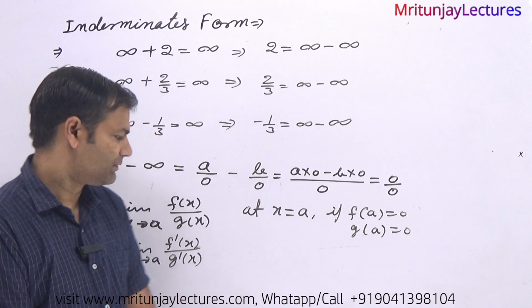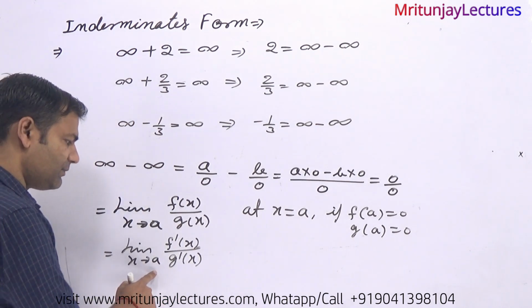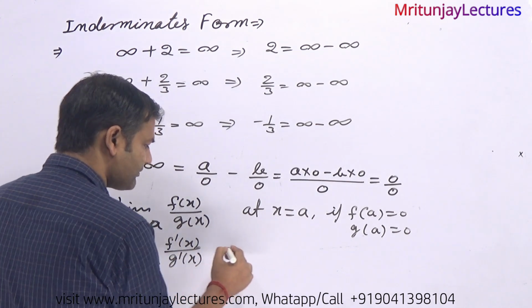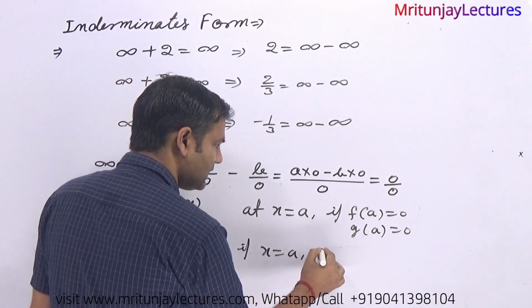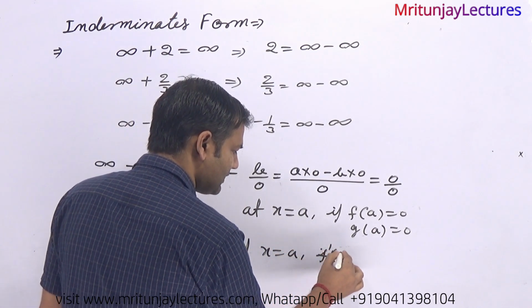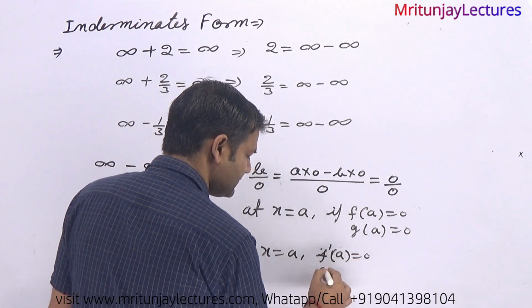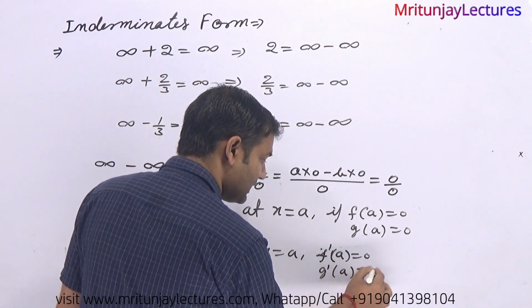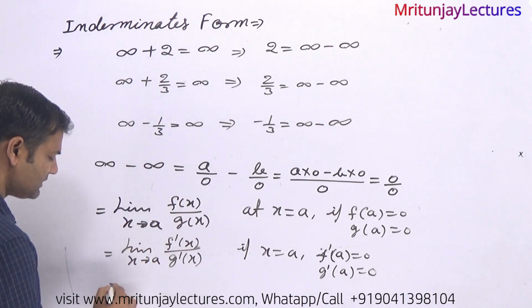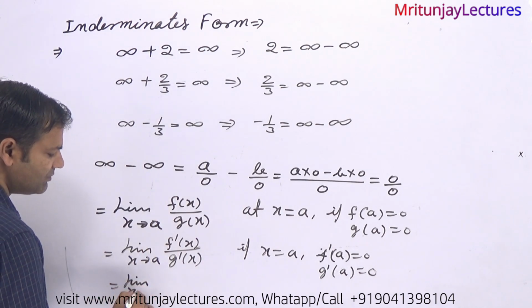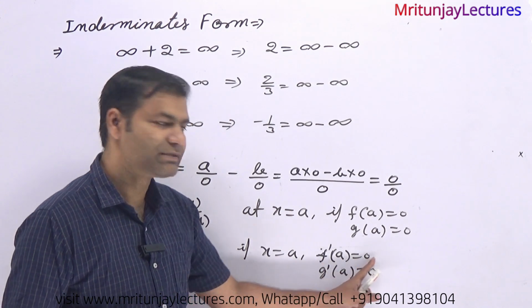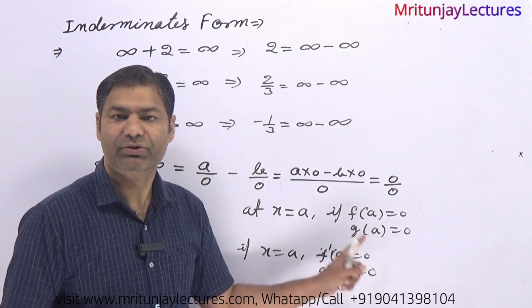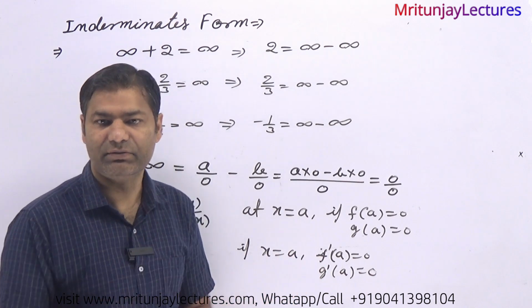If x tends to a and we get f prime a equal to 0 and g prime a also 0, then again differentiate with respect to x and put in the value. Otherwise, if f prime a is not equal to 0, you can find the final value.